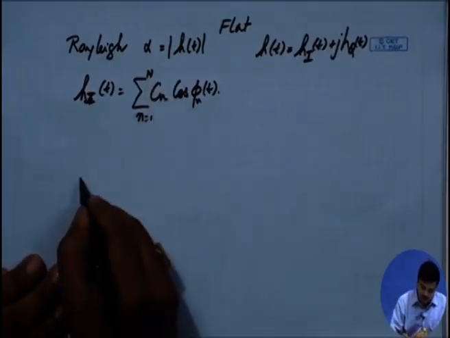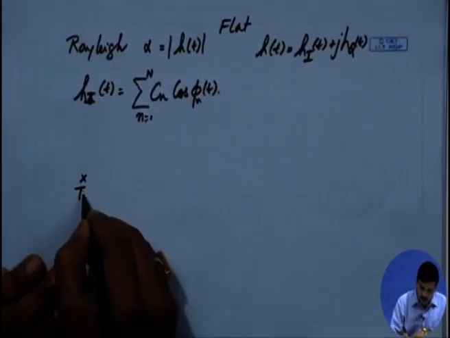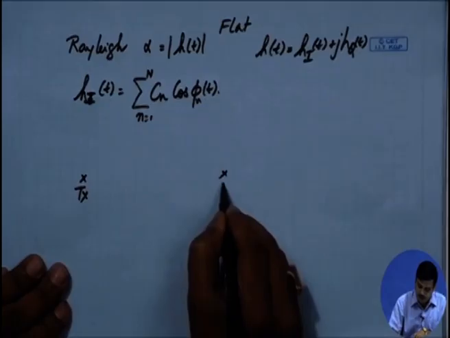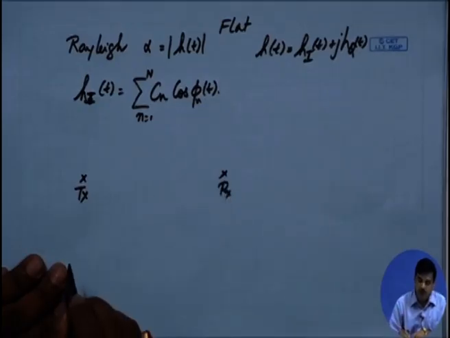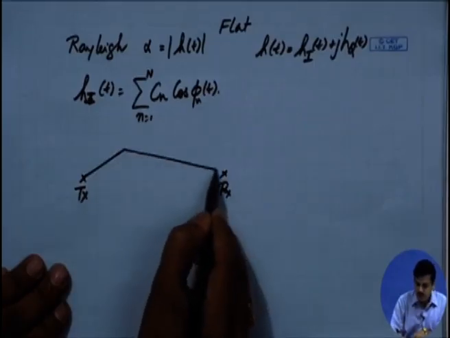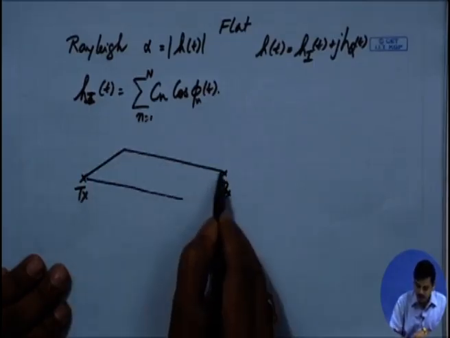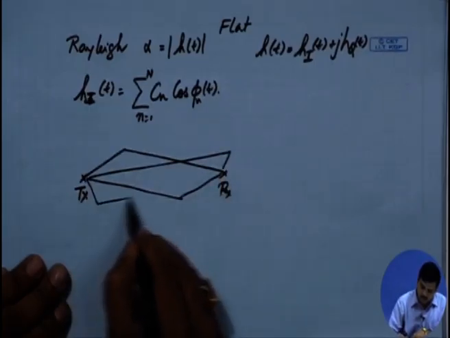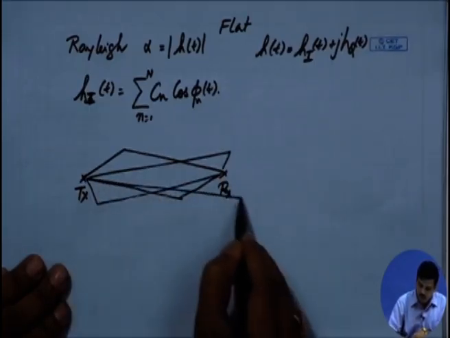What we effectively mean is, suppose there is a transmitter which we indicate by Tx, and a receiver which is indicated by Rx. There are n number of paths between the transmitter and the receiver. This we should always remember.